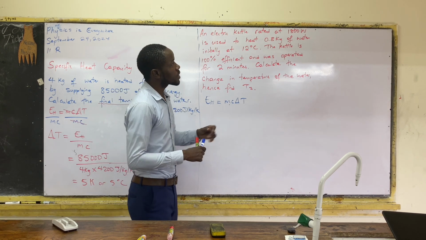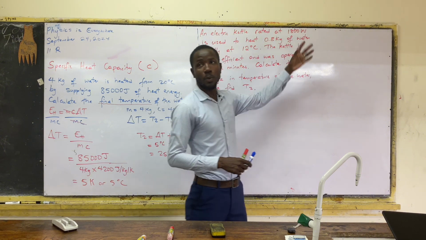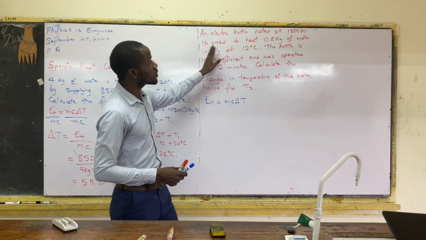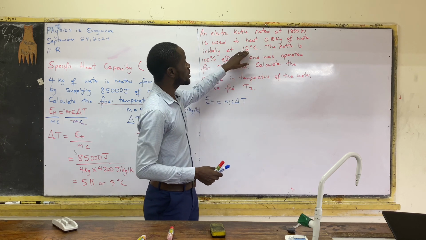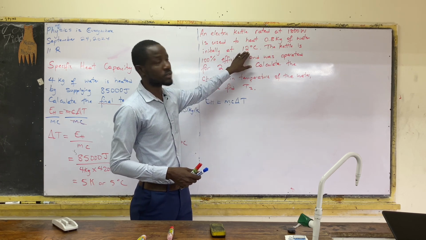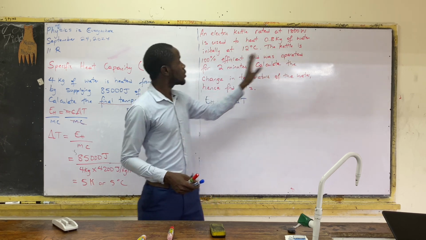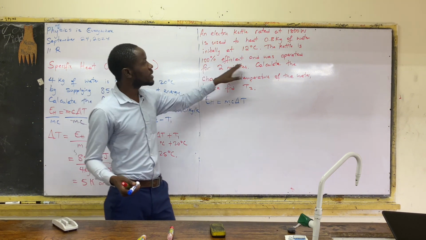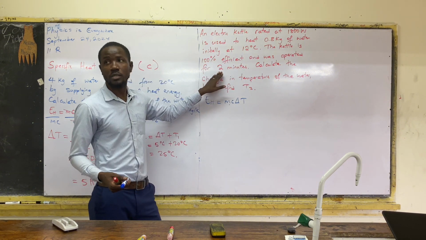So anyways, the power rating is 1,800 watts. And we're saying that it was used to heat this amount of water that was initially at 12 degrees Celsius. And the kettle, students, was 100% efficient, right? And it was operated for 2 minutes.